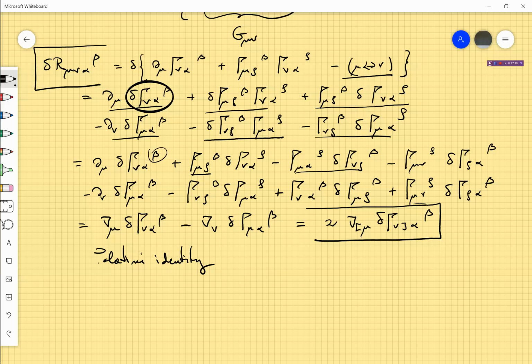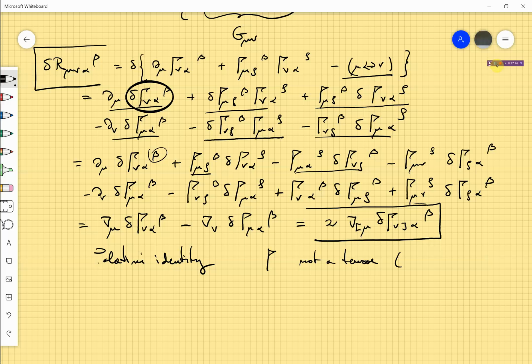Both of them transform in the same way, of course, but the inhomogeneous term of both of them is identical. That's the point. And then they cancel. So the variation of the connection transforms as a tensor. So gamma is not a tensor.